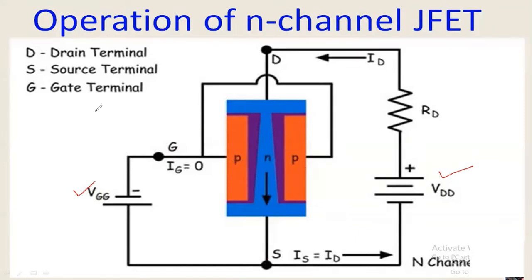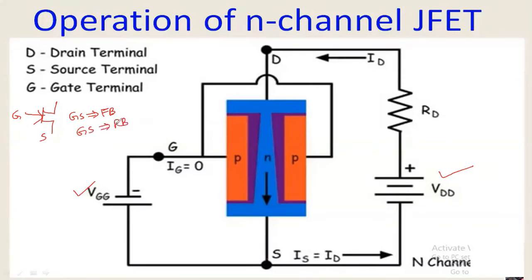Now, you will generally get one doubt: the arrow mark is indicated in the symbol, which makes the gate source junction forward bias. But in the working of the JFET, this gate source junction is reverse bias.